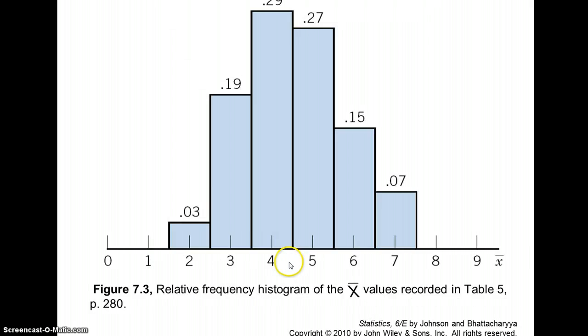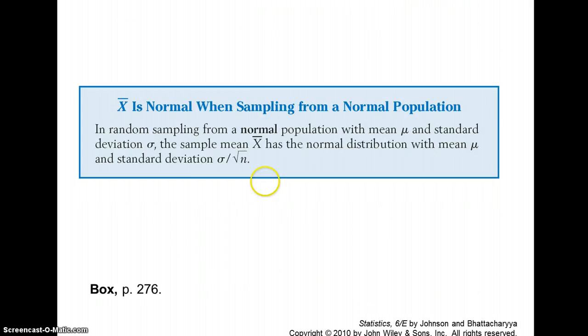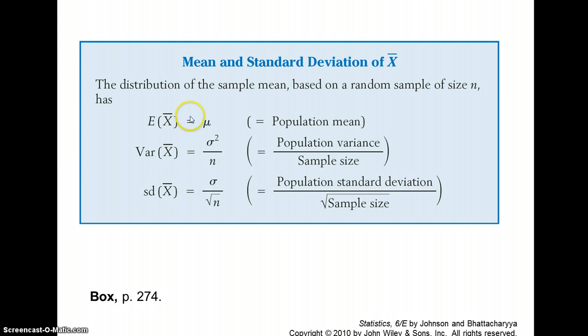Again, the formula we have before was this formula here. The expected value of the sample mean is the same as the population mean, and then we use these formulas to find the standard deviation. The standard deviation of the sample mean is the population standard deviation divided by square root n.